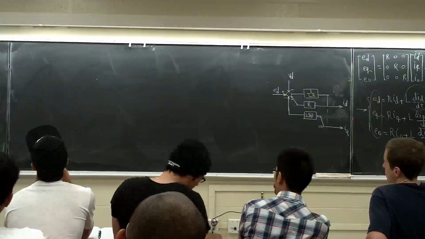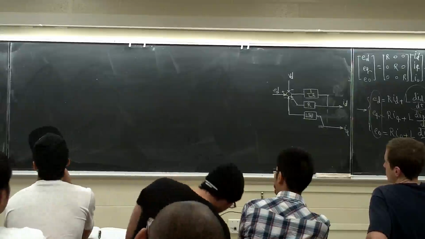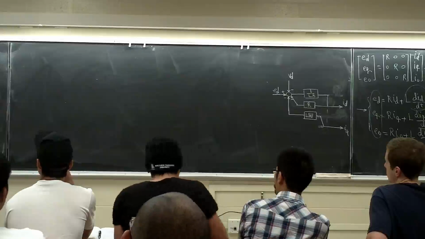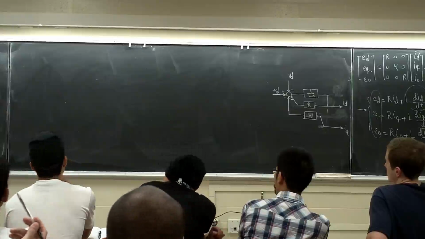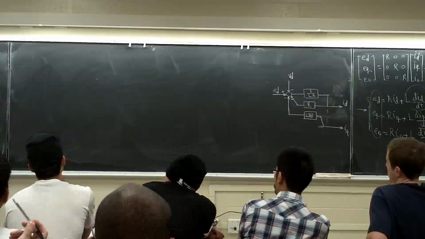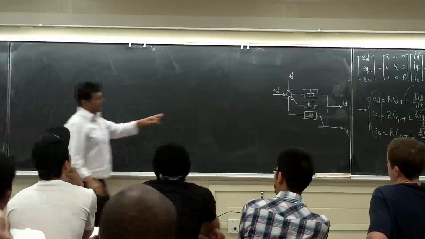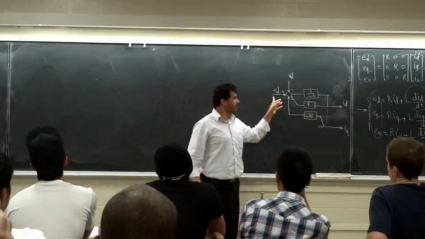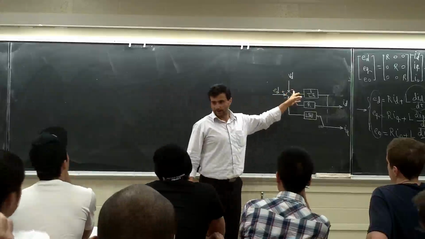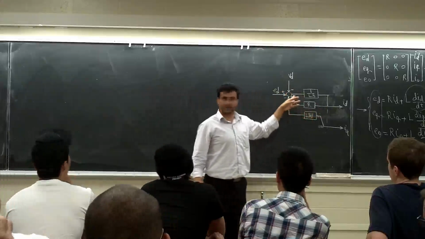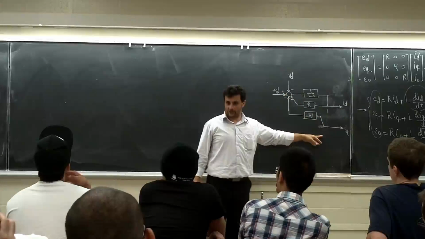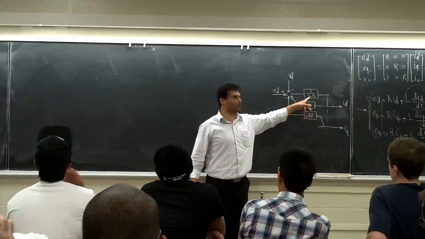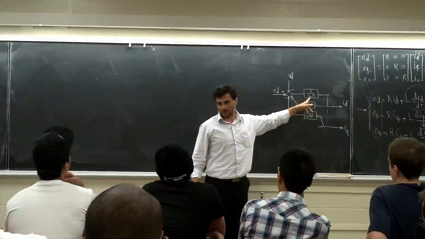So I should have a minus R ID, minus L omega IQ, plus ED minus VD. Look here, did I put it? I said plus ED minus VD, minus R ID, and minus L omega IQ. I divided everything here by L.